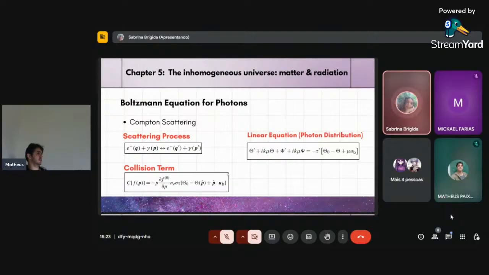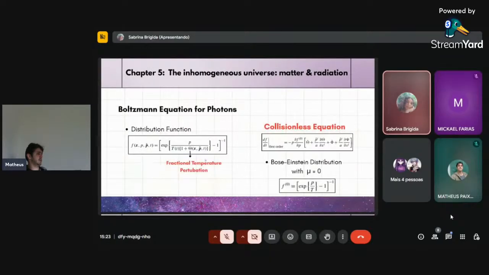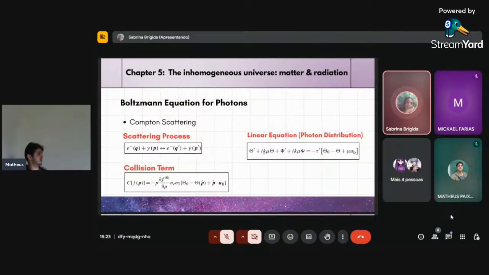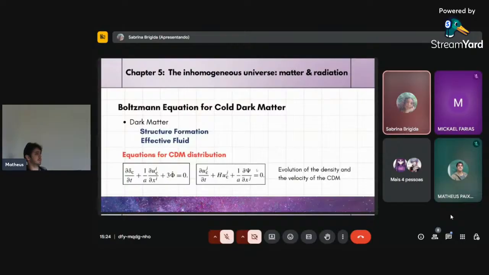So we can equate this collision term here with this collisionless equation here, and making a change of variables, for example, we can find a linear equation for the photon distribution that will explain how the distributions of photons will change with time, for example. That is very important to understand the evolution of the photons with the expanding universe.